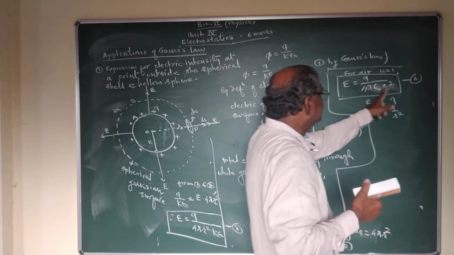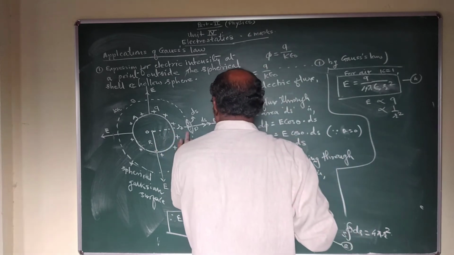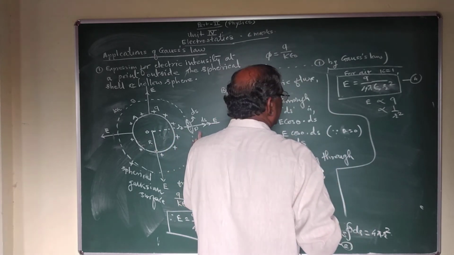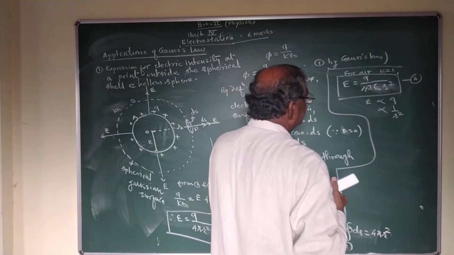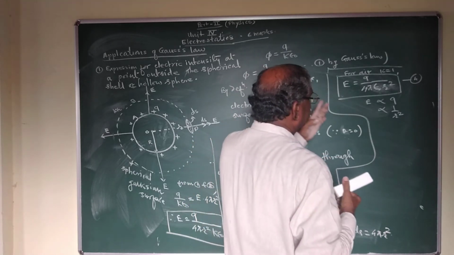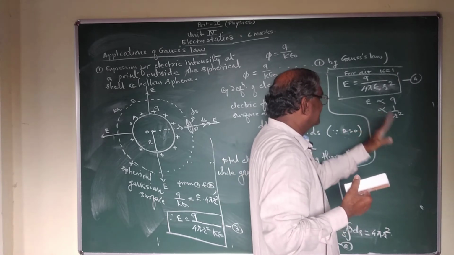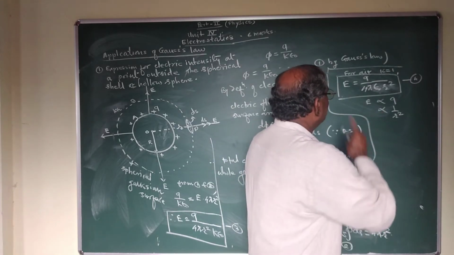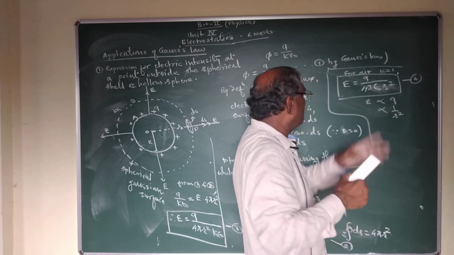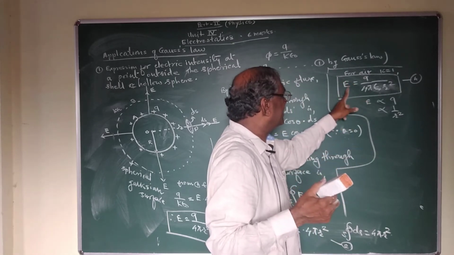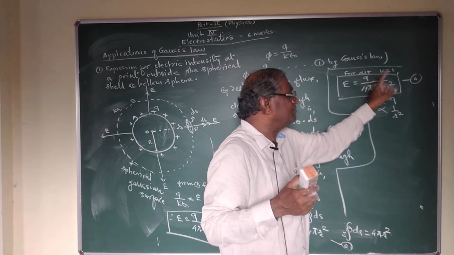If r increases, the electric intensity at that point goes on decreasing. This is one form of the expression for electric intensity in terms of charge.